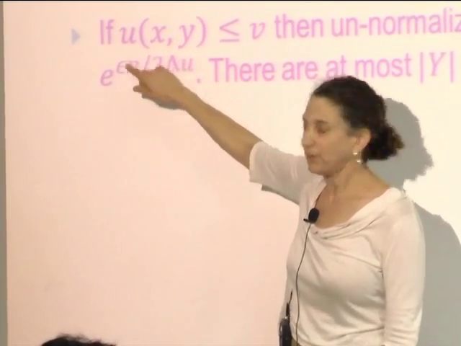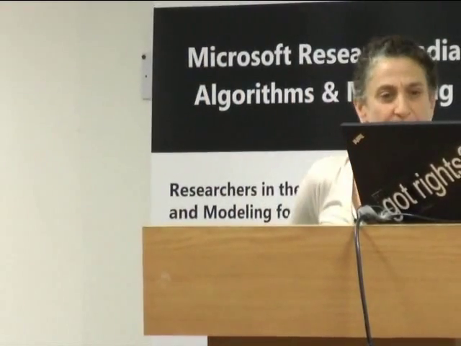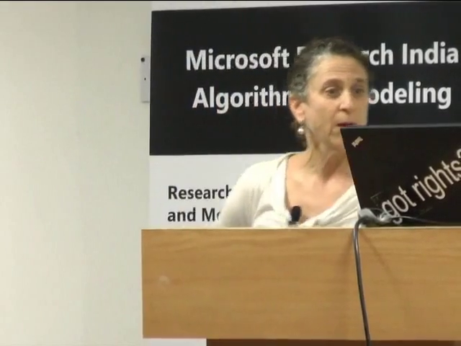We put in the exponent how good something is. So the probability is proportional to e to the goodness. The goodness is at most v, so the probability will be at most e to the v with these other epsilon over 2 delta u things that we have to carry around for privacy. And there are at most |Y| such elements because Y is the set of all possible outputs. So clearly there will be at most |Y| such elements.